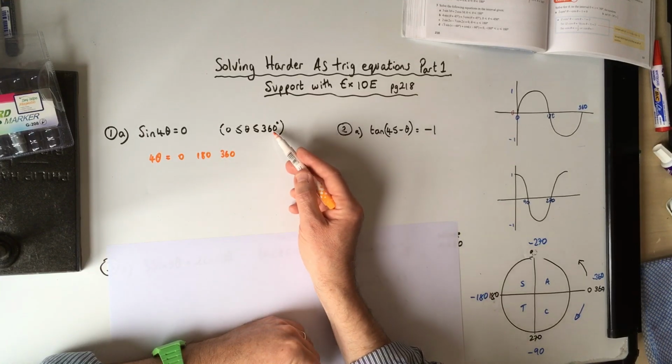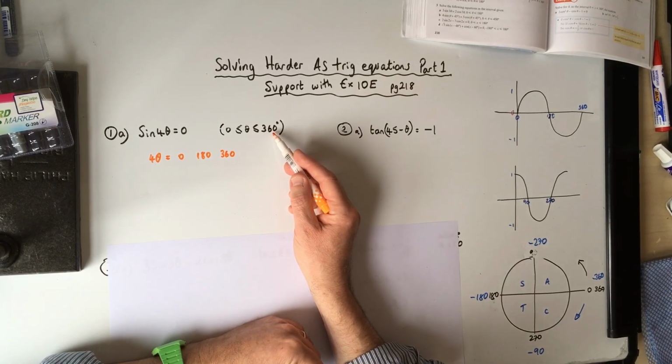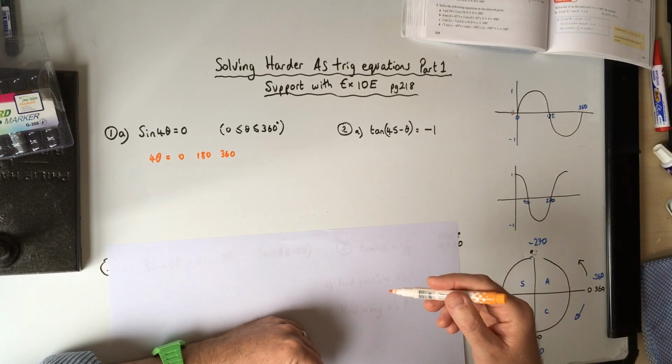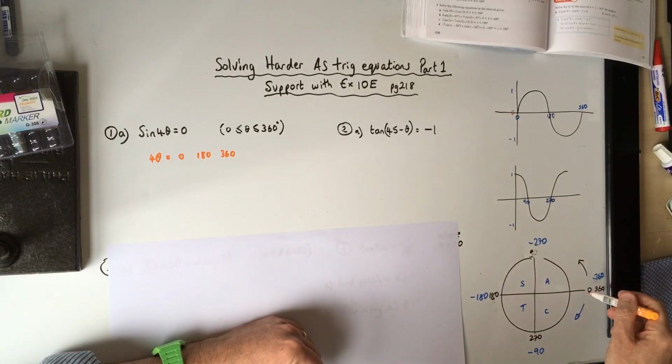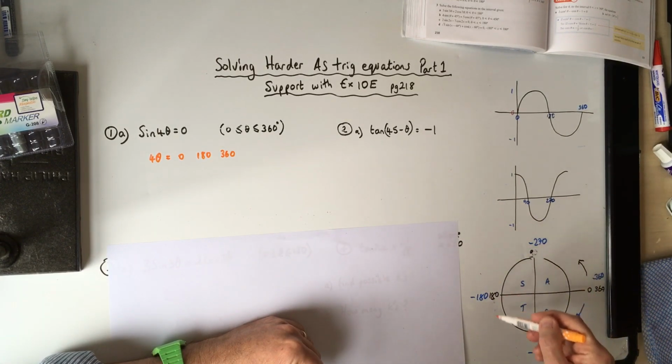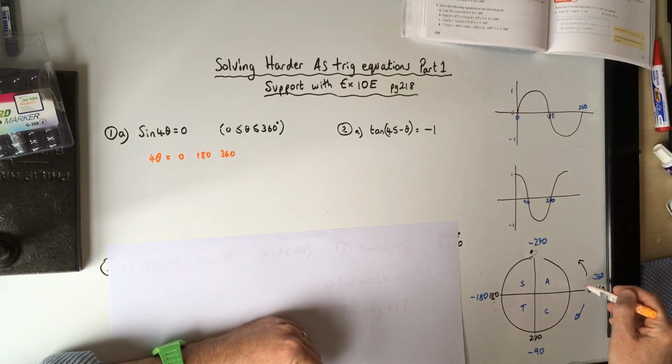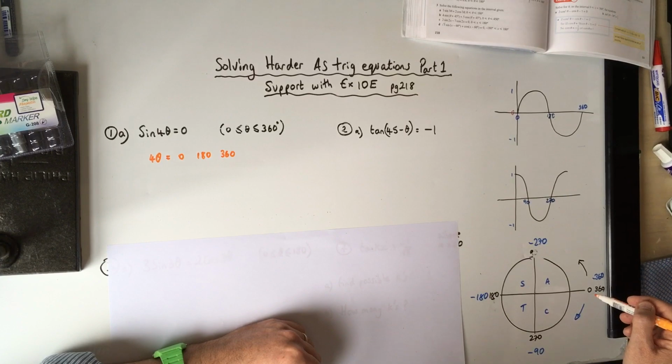So we can afford to go 4 times the 360, right the way up to 1440, because when we divide that by 4 we get the 360. So we're going round once to 360, twice to 720, 3 times to 1080, and 4 times to 1440, and then we're dividing all of those by 4.